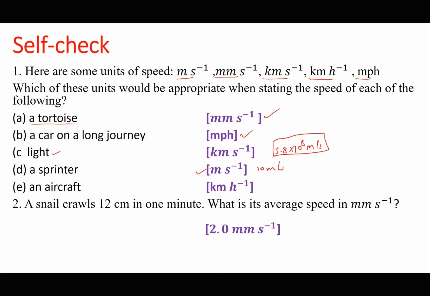Then we have an aircraft. An aircraft travels at around 250 meters per second. So kilometers per hour may be a good unit, because if we change this, let me try to change that.